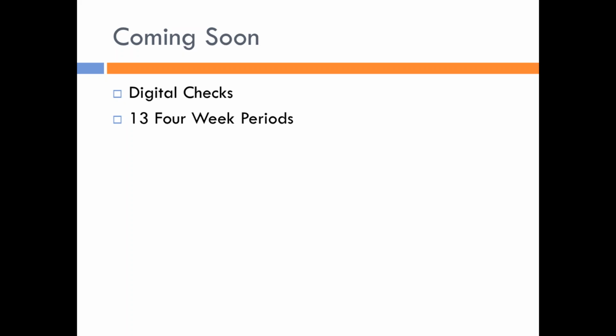Digital checks is a way that will allow you to do a bill paying service for your clients. And when they use the digital checks, once a bill is approved to be paid, you click on digital checks, and I'm going to show you the screen in a minute, and an email will go to your client's vendor.